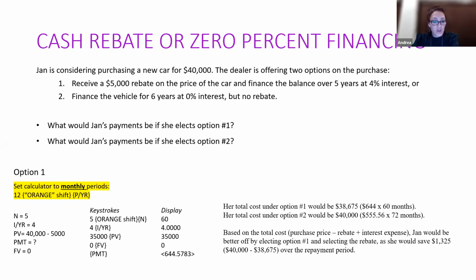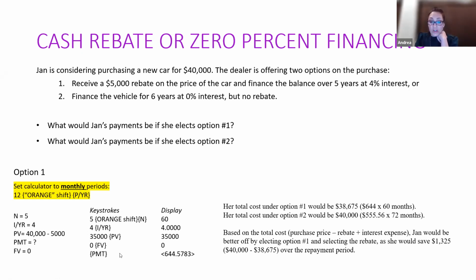Our variables are 5, shift button, for 60 months. She's going to be paying 4% over 5 years. She would be financing $35,000. That's the present value because there was a rebate, and the payment is $644 a month.